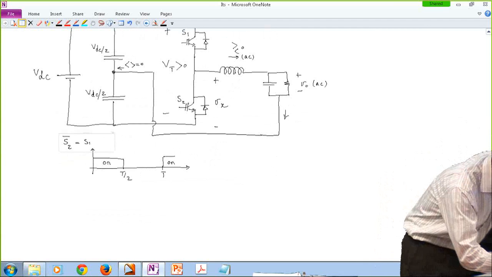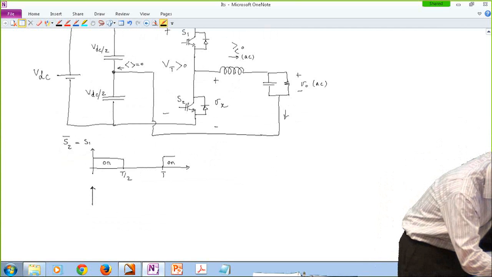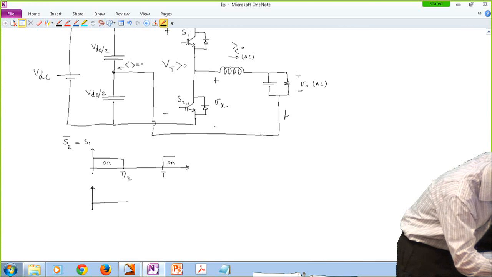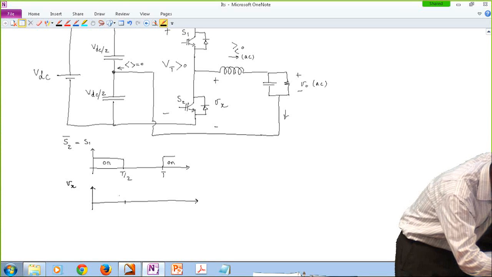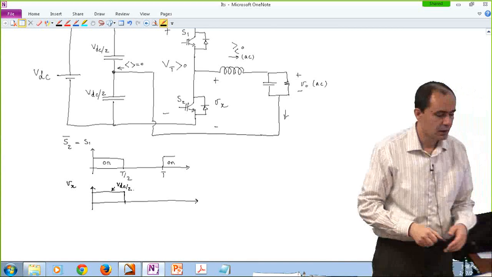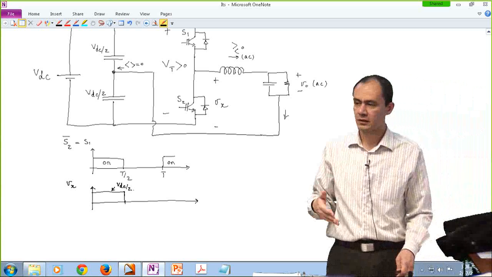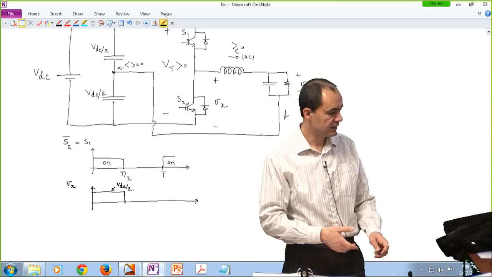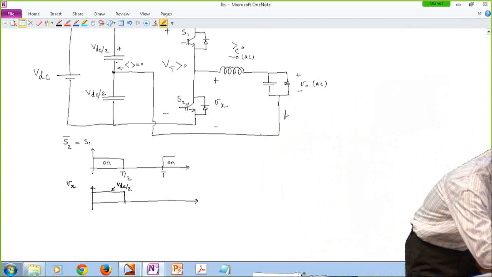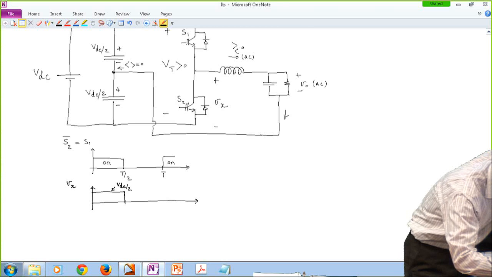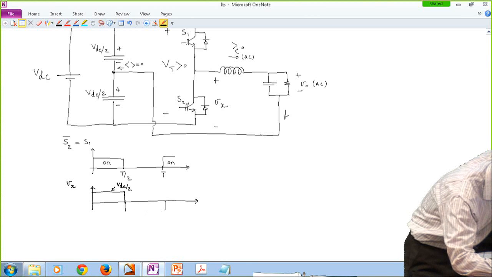And then if S1 is on, Vx is the voltage of the top capacitor, which is VDC over 2. And if S1 is off, in other words, S2 is on, Vx is the opposite of the second capacitor, the opposite of this voltage down here, which is again negative VDC over 2.